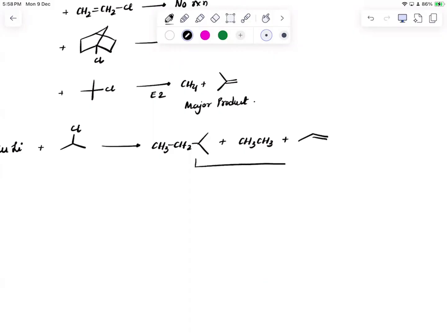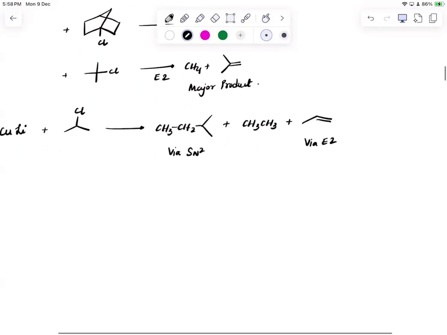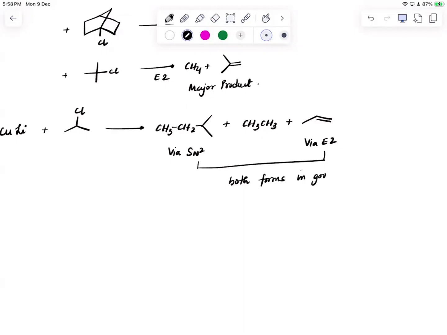So these two are major products. These two, okay, both will form. Sorry, let me write down. This is via SN2 mechanism. This is via E2 mechanism. Okay, both would form. Both form in good amount.